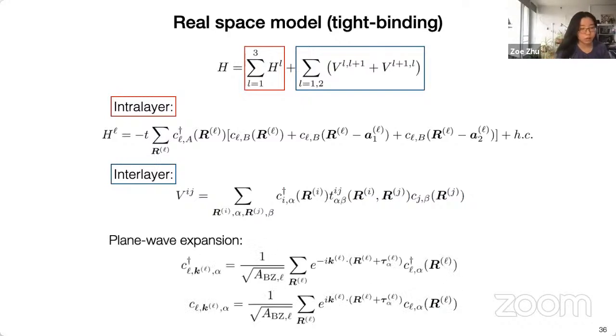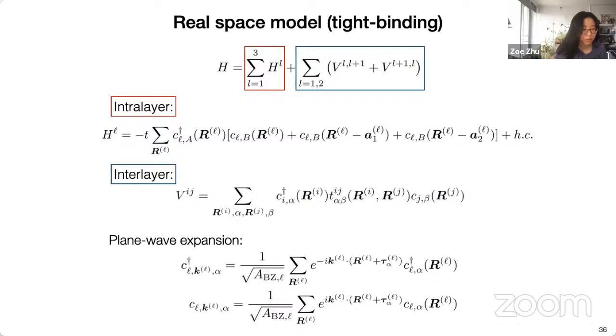And now we perform a plane wave expansion. Of course, the intralayer Hamiltonian would just be the tight-binding Hamiltonian of a monolayer in momentum space that we learned in solid state physics class.